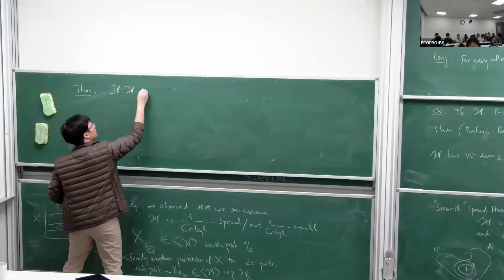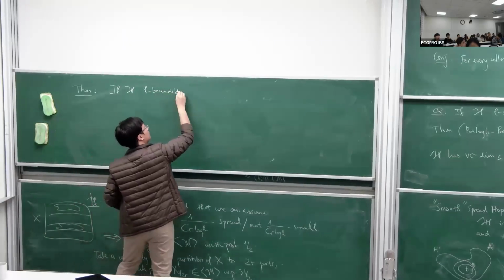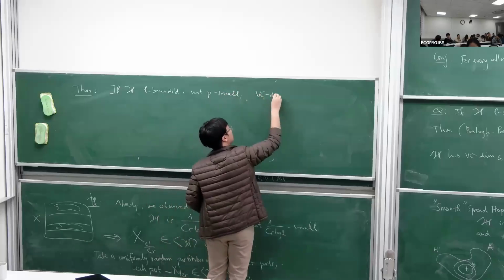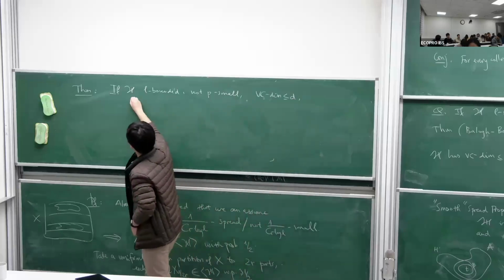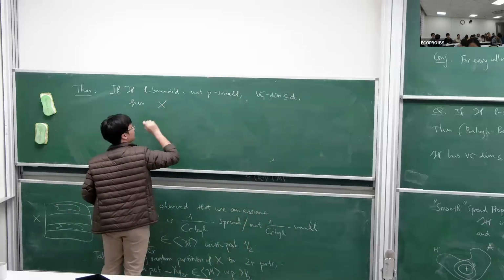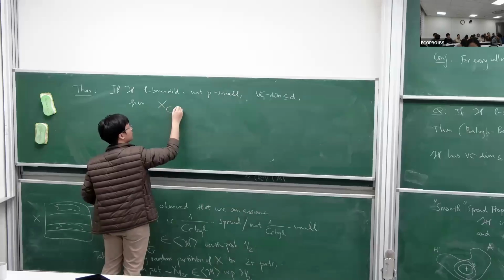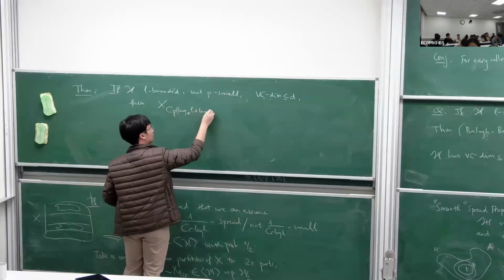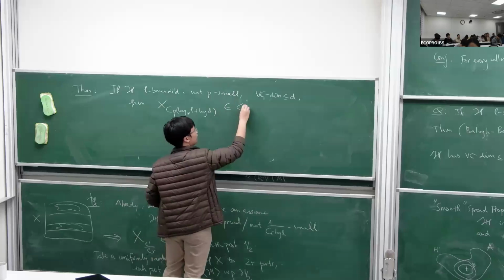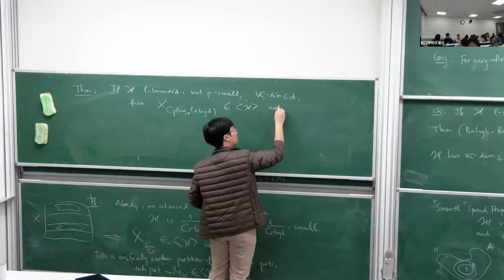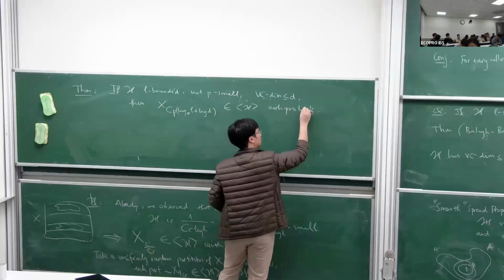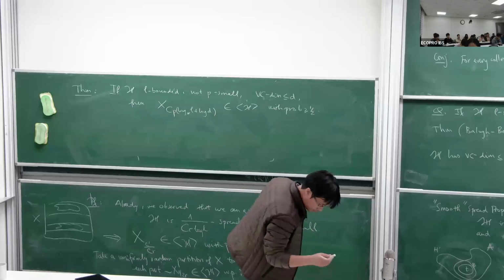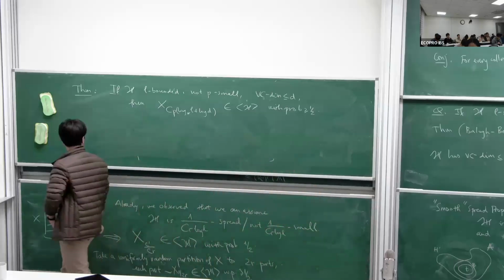If H is L-bounded, not D small, and has VC dimension at most D, then a random subset of X with density C p log star L log L will contain one set from H with high probability. So this is the version of the improvement for the Kahn-Kalai conjecture, an improvement to the log factor if you have this VC dimension property.